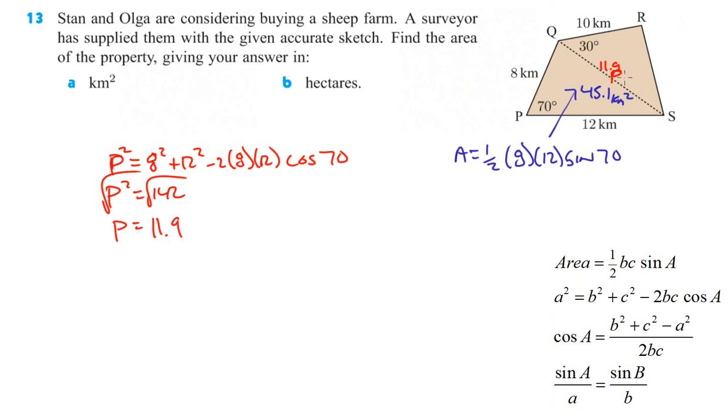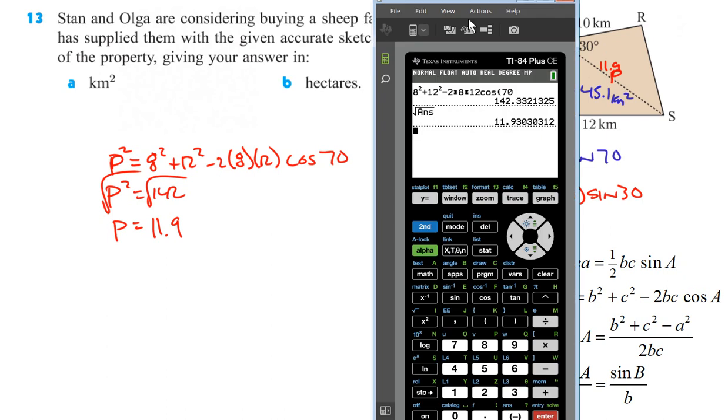So now that we know that this is 11.9, we can find the area of this triangle right here by doing 1/2 of 11.9 times 10 times sine 30.